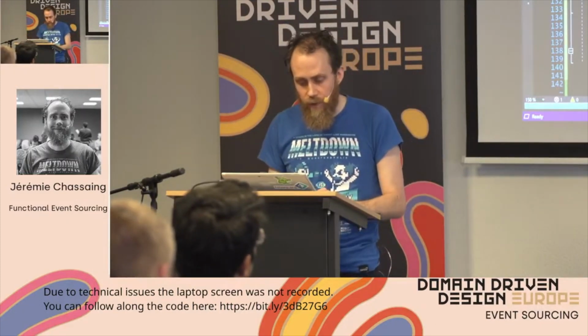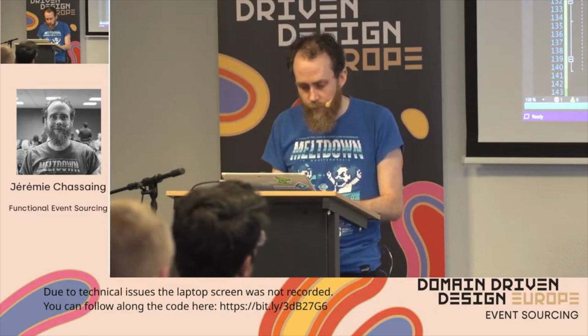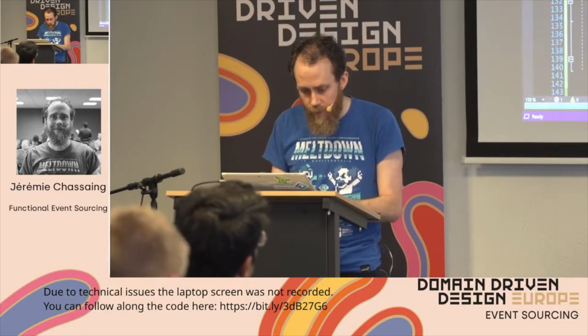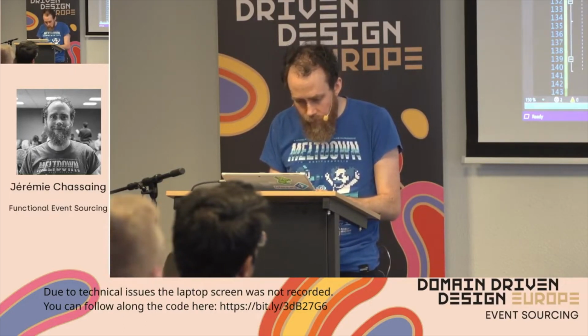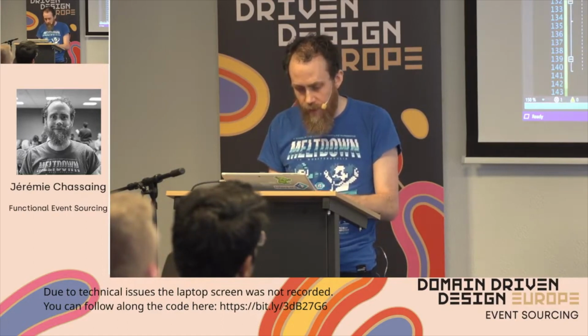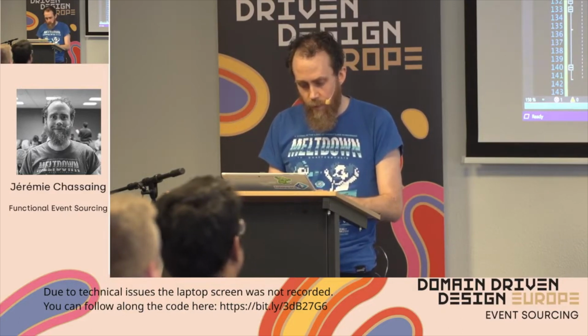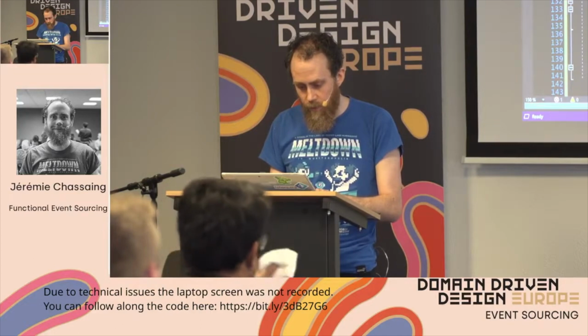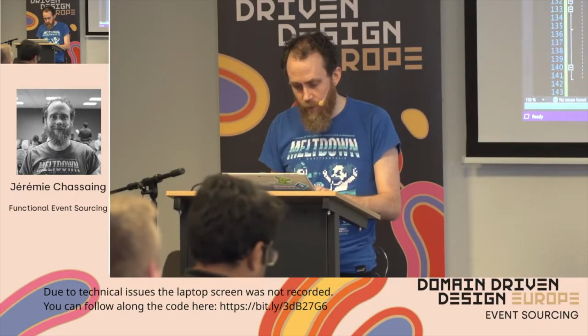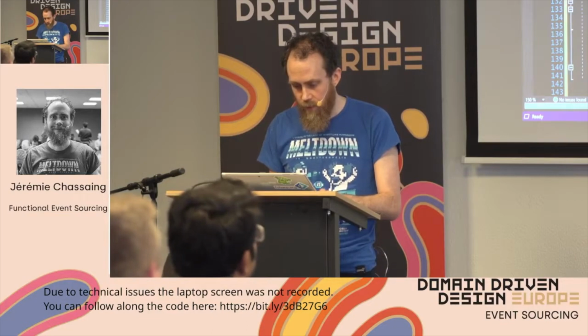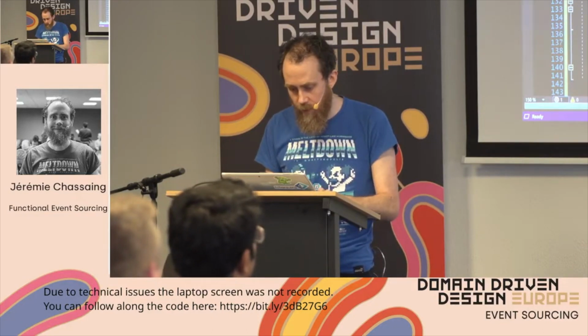Okay, and to save, it's even easier. So let save name and state, and I will just say File.WriteAllLines, and the path will be the name, and the value will be just one line with State.serialize of my state.